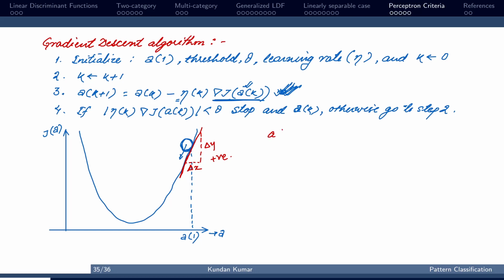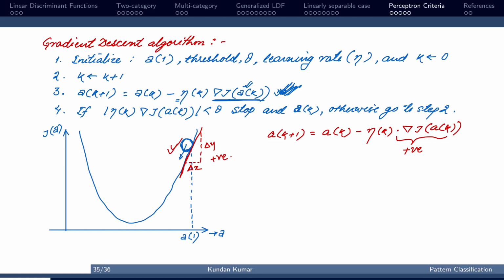When we update the weight vector, eta k into the gradient of J at a k, and this value is positive for this location.